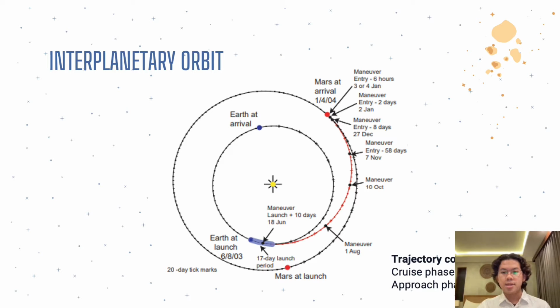And this is the illustration of the interplanetary trajectory of the spacecraft going from Earth to Mars. In this picture, it is seen that the spacecraft did correction maneuvers up to 7 times during the cruise and approach phase of the flight in order to adjust the spacecraft flight path.